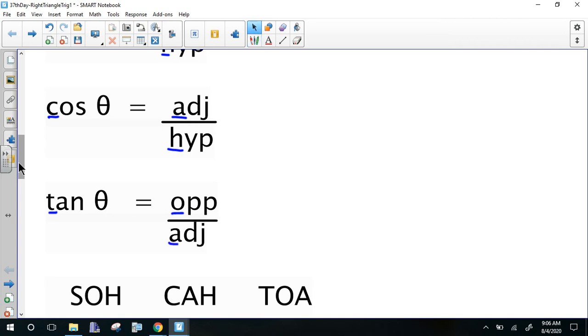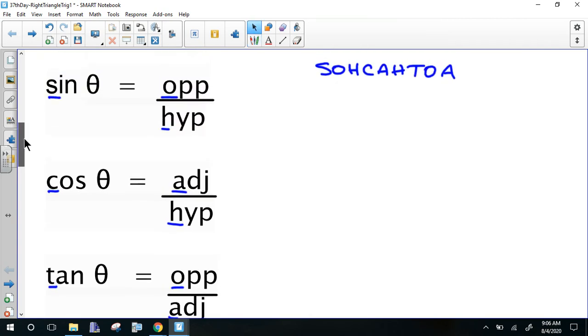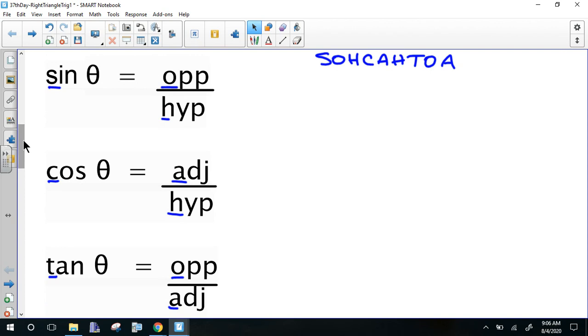So SOHCAHTOA is a way you can remember the three trig functions. And again, trig is just one side of a triangle divided by another. So you need to be able to label your triangle sides, opposite, adjacent, and hypotenuse, and you need to know these three trig functions in order to solve problems in right triangles.